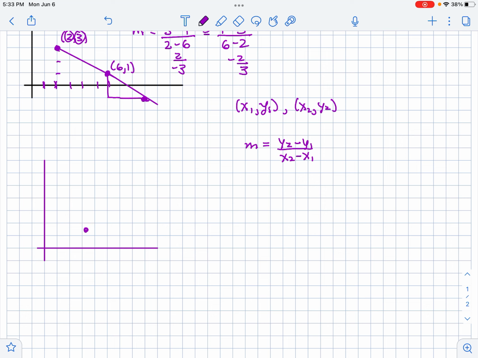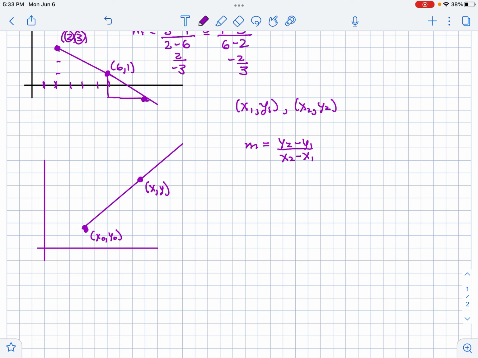Let's just suppose I've got a point here, and this is the point x naught, y naught. And then we've got this line. And don't pay any attention to the grid on this one. I've just got this point (x, y). Okay. So I've got these 2 points. This line passes through (x naught, y naught), and (x, y) is just some other point on the line.